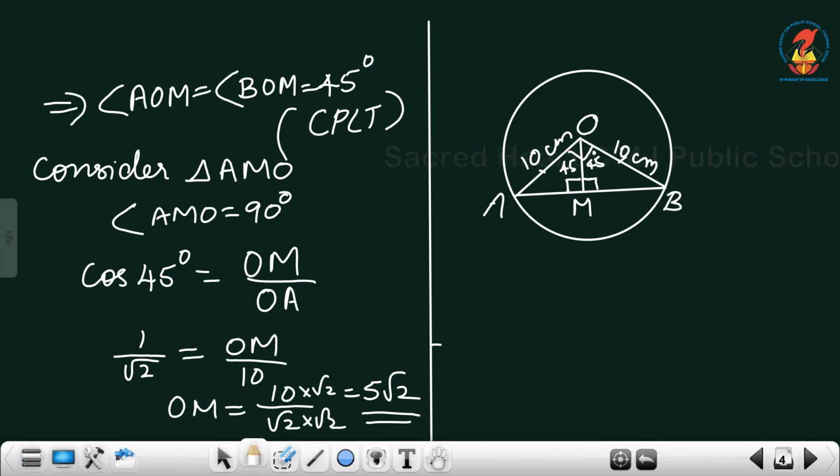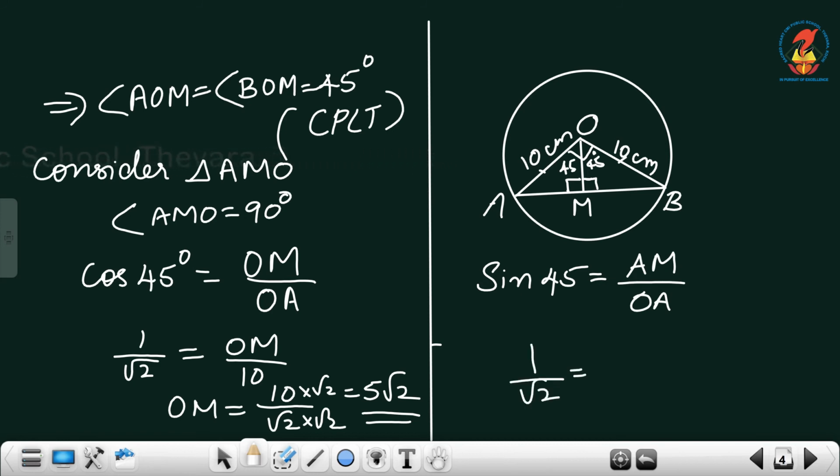For that we have to consider sine 45 degree. Sine 45 degree is equal to opposite side by hypotenuse. So based on this 45, opposite side is AM. AM by OA. So what is the value of sine 45? 1 by root 2 is equal to AM by 10. So AM also is equal to 5 root 2 centimeter.